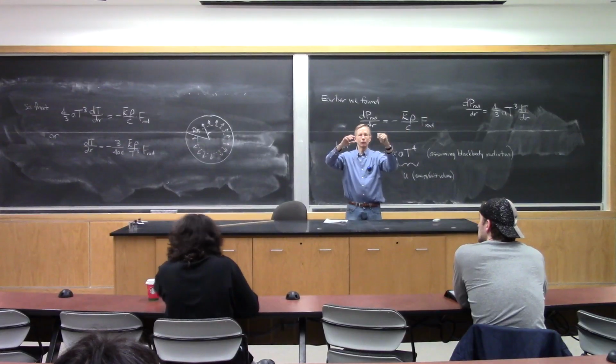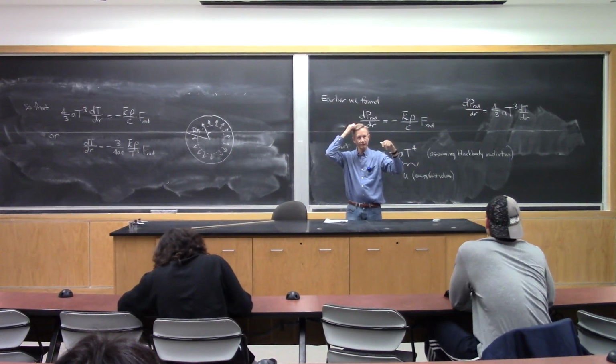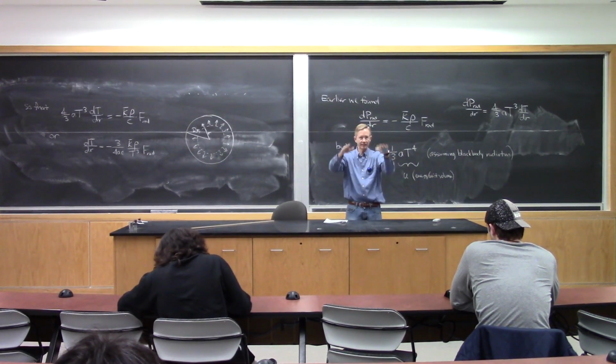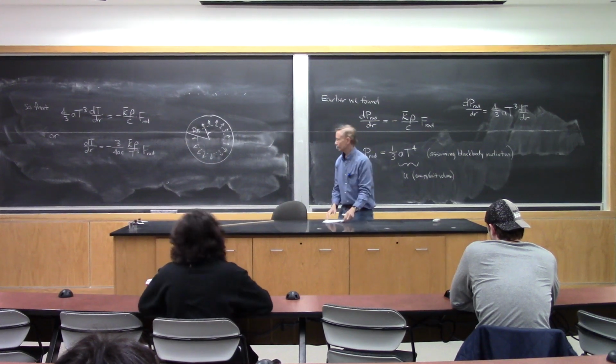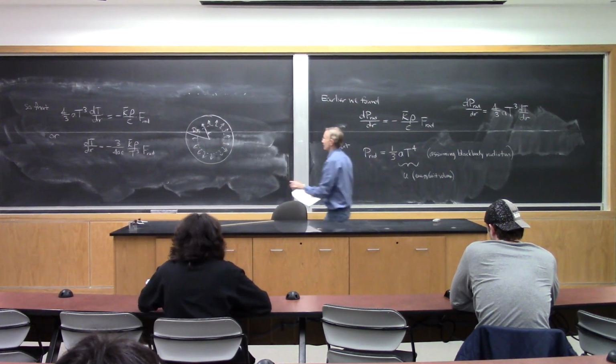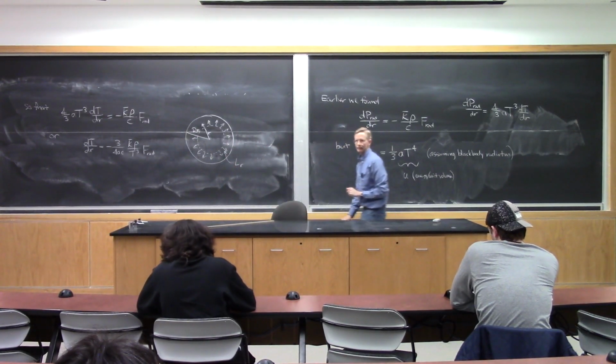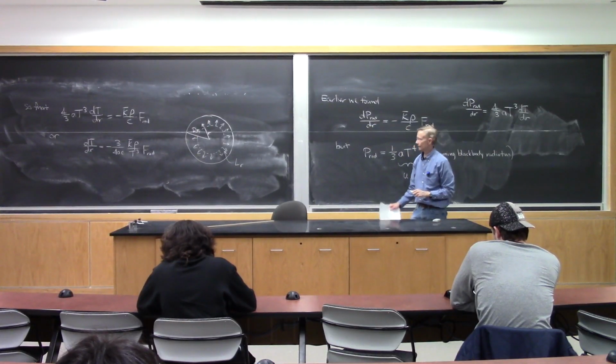But if you're inside the core where energy is being generated, then the luminosity coming out of any surface is increasing as r increases because energy is being added by each spherical shell. So this is supposed to represent L sub r, the luminosity coming out of that surface of radius r.